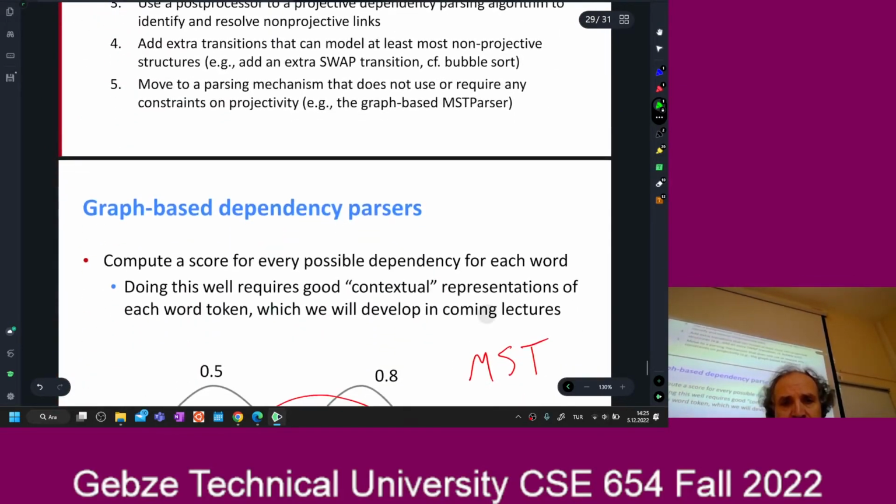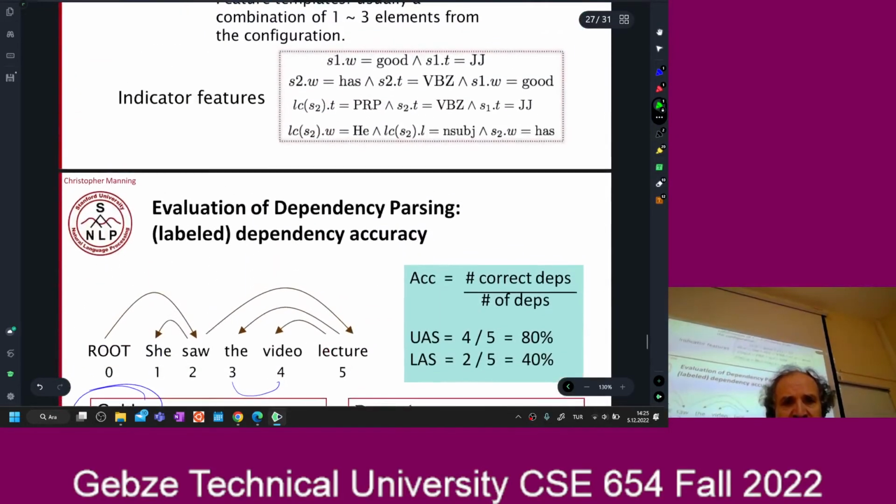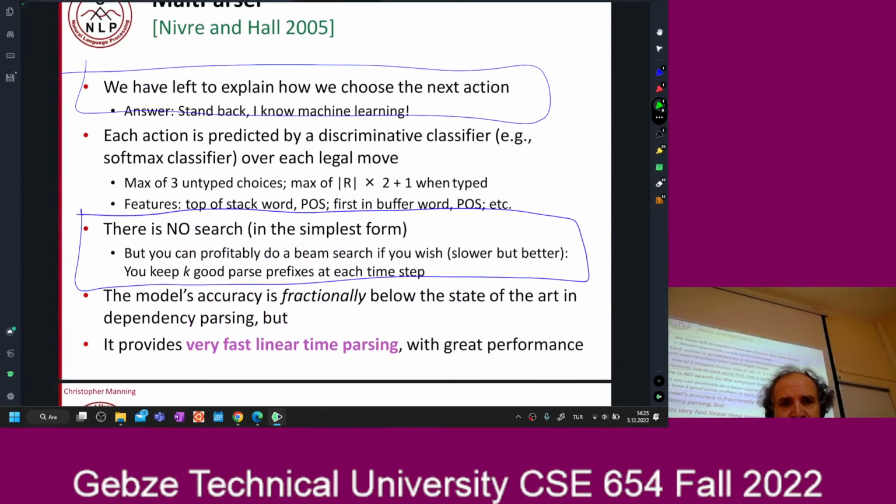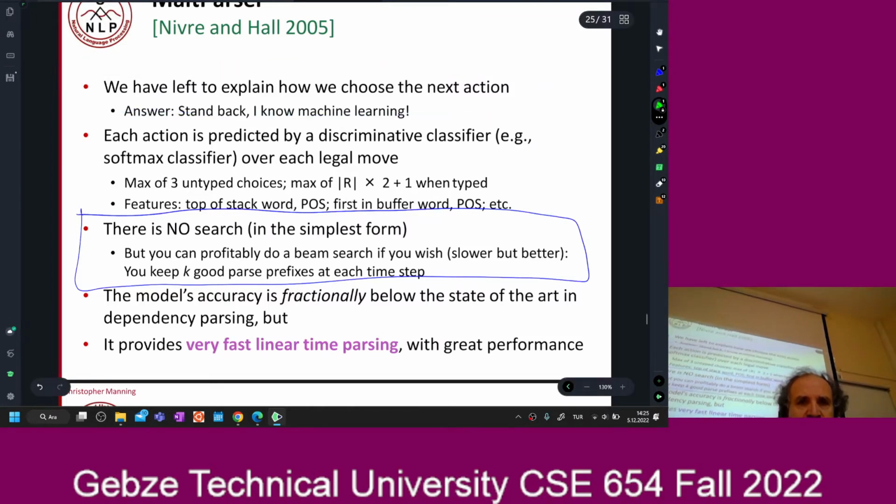Where is that answer? I read it yesterday. Yeah, here is the answer. So when to shift? Well, how do we choose it? We are going to use machine learning.